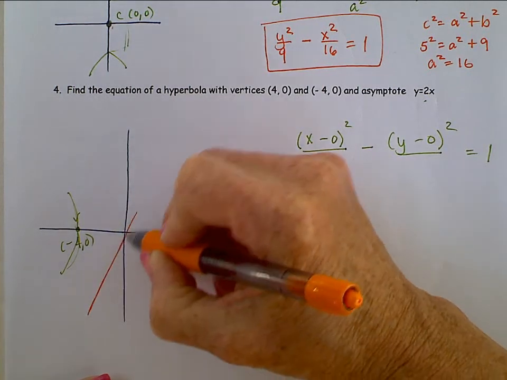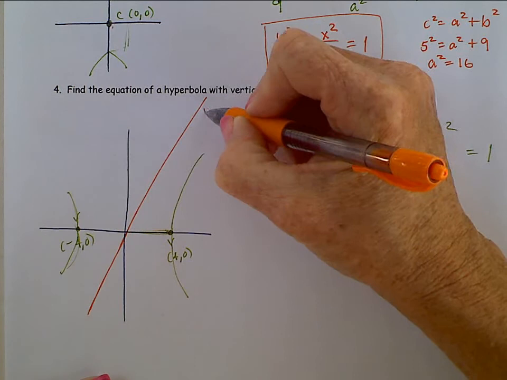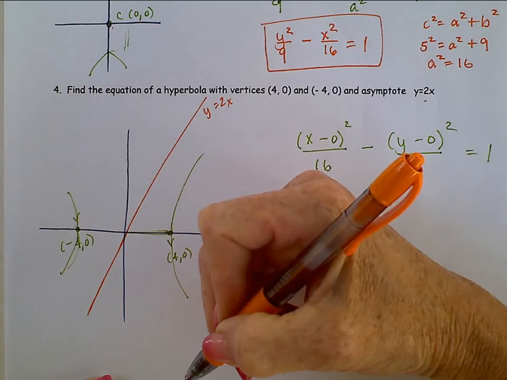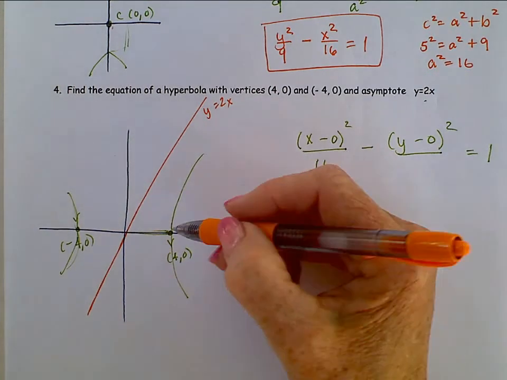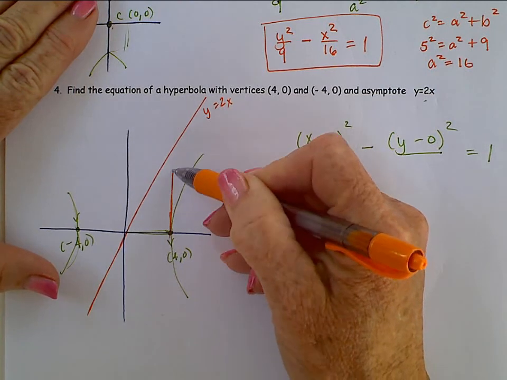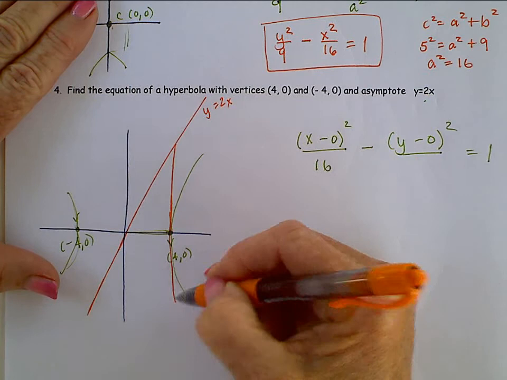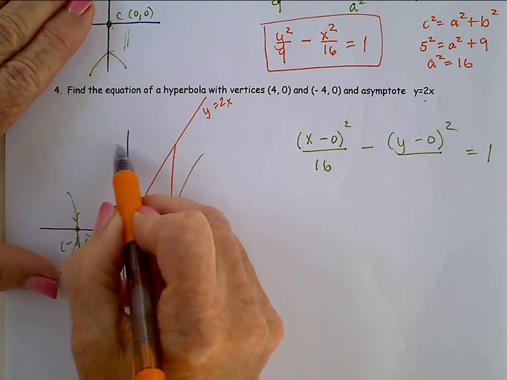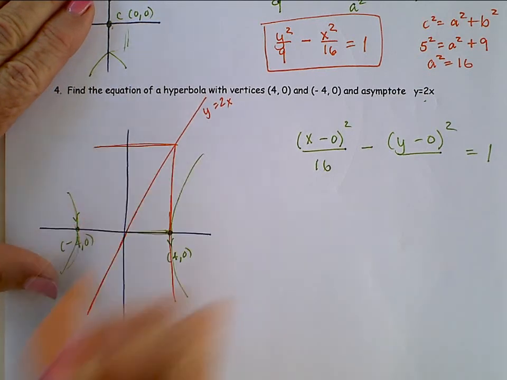If I put that in here, y equals 2x, then I know that the box must have hit up here, right there.